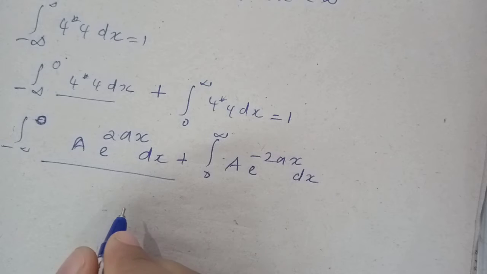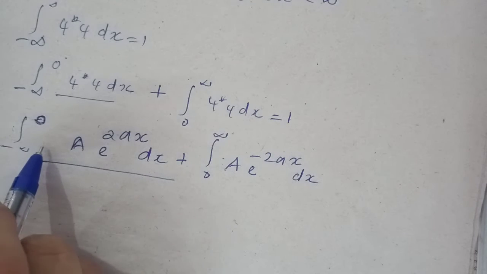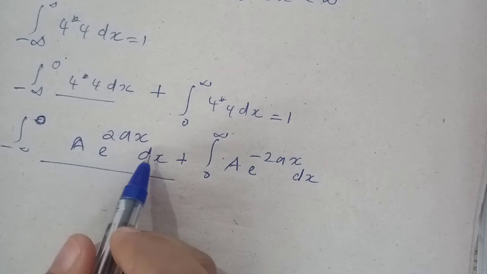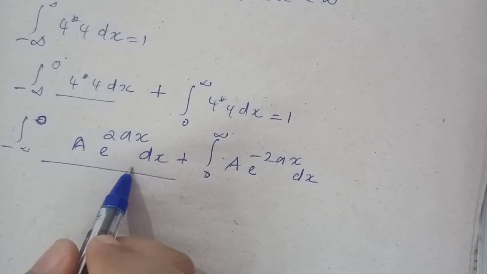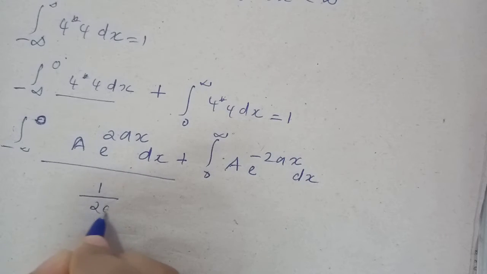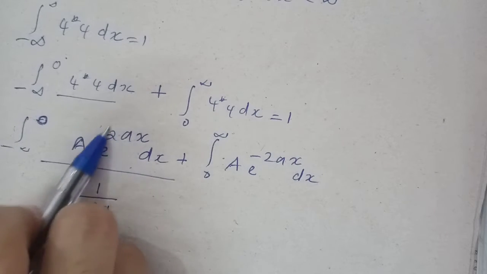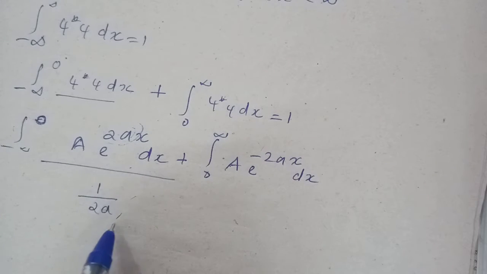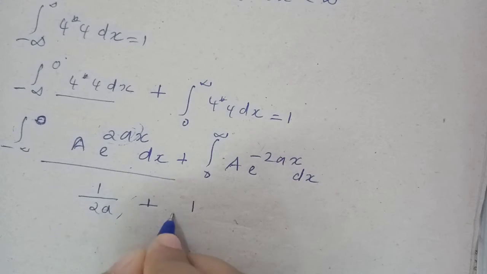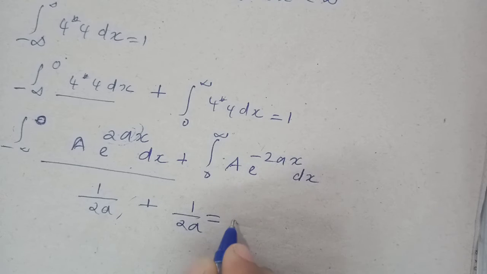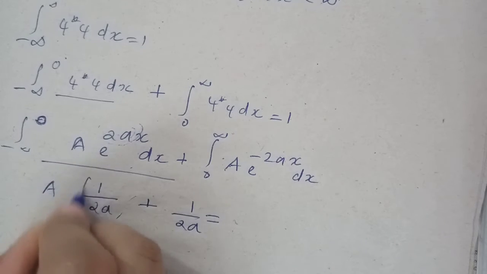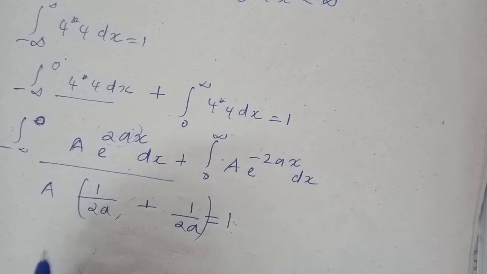We know the formula: integral minus infinity to 0 of e raised to ax dx is equal to 1 by a. So here, in the place of a we have 2a, so it is 1 by 2a plus 1 by 2a, and the a squared is there, and it is equal to 1.